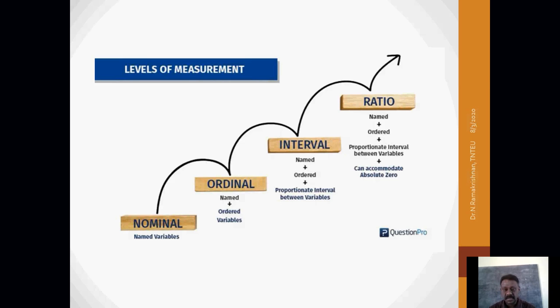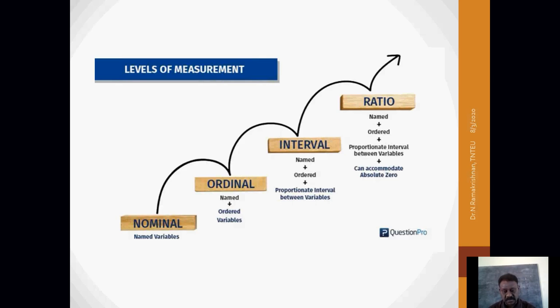To what extent, we will discuss later on, one by one. This interval scale, normally the temperature scale and other scales are used for this interval scale. We can have students who are very brilliant and very poor, like that in the classroom.